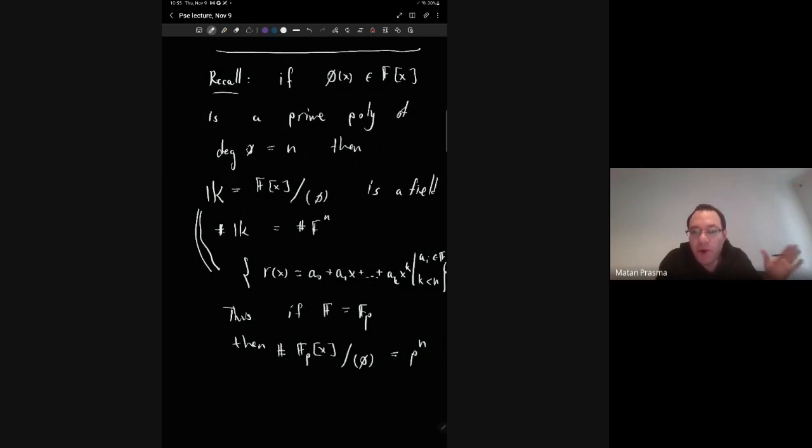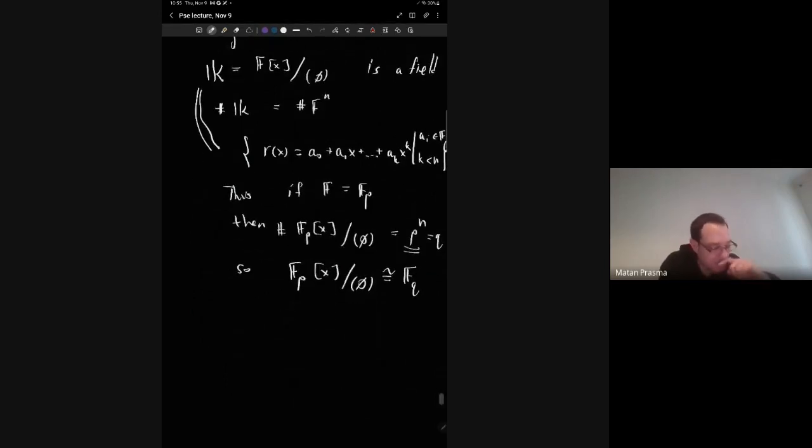I mean, there is only one field up to isomorphism of size p to the n. This field is often denoted as Fq. You can also denote it as a Galois field of p to the n.